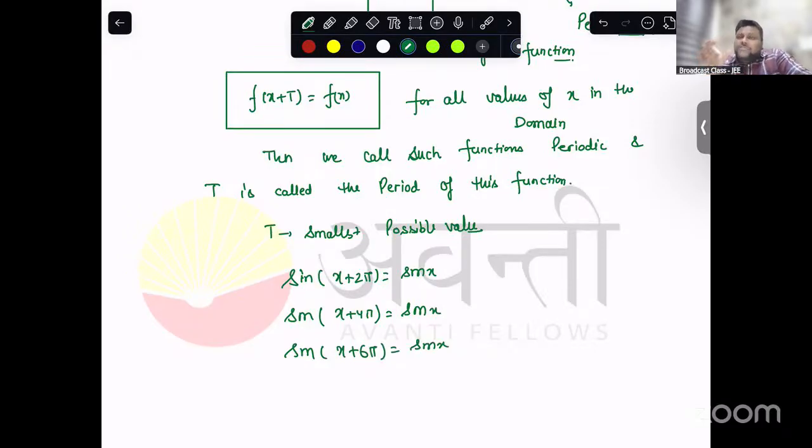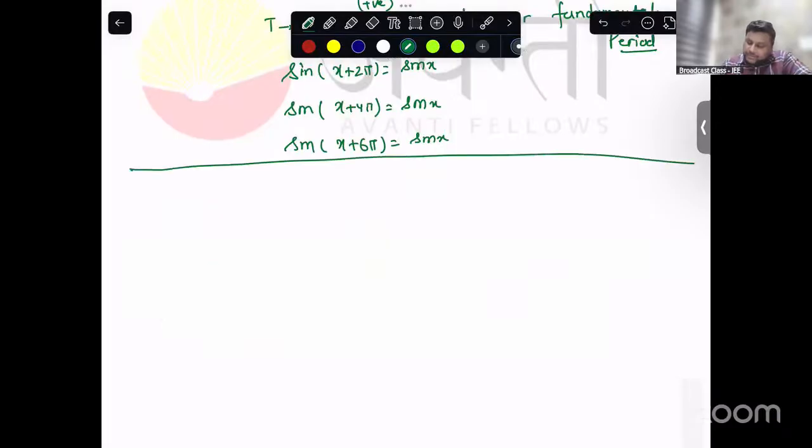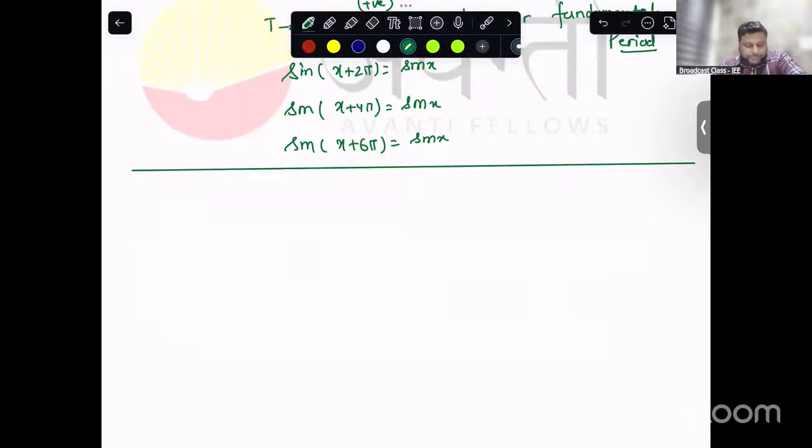Out of these, the smallest positive possible value t, we call the period or fundamental period. Am I clear? Is it okay, everyone?